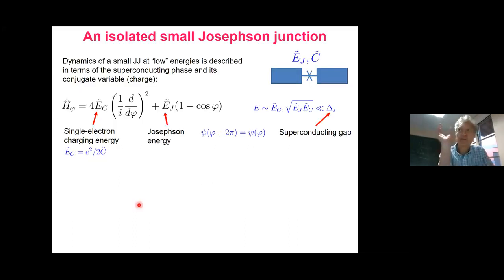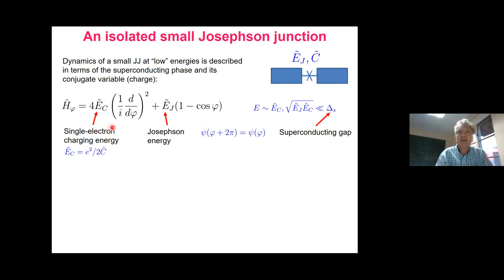So let's start with a single small Josephson junction between two superconducting islands. The second term here is just the Josephson energy, and we are interested now in energies much less than the gap in the leads of the junction. So the only dynamical variable here is the phase, and the second term is the conventional Josephson energy.